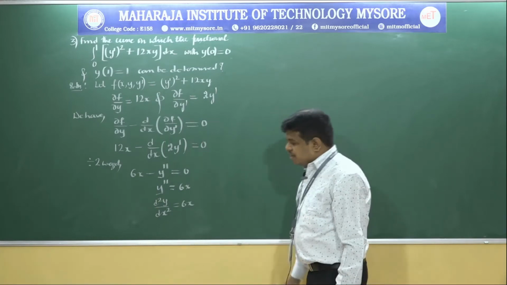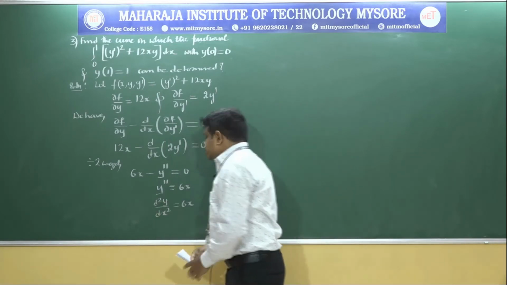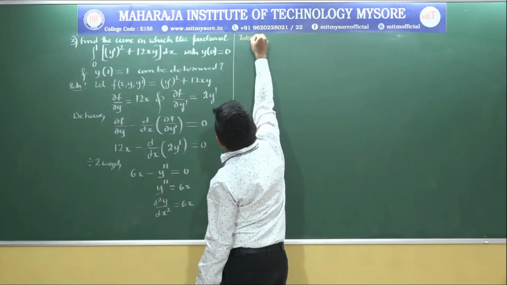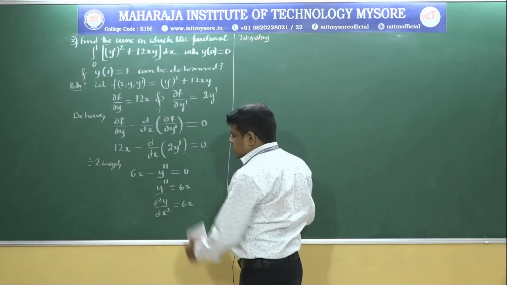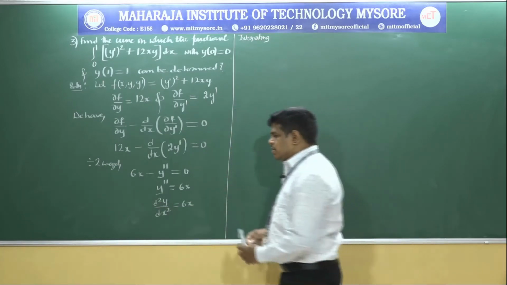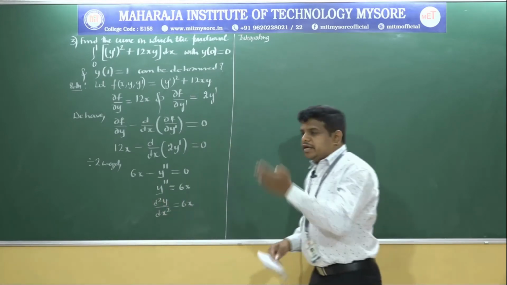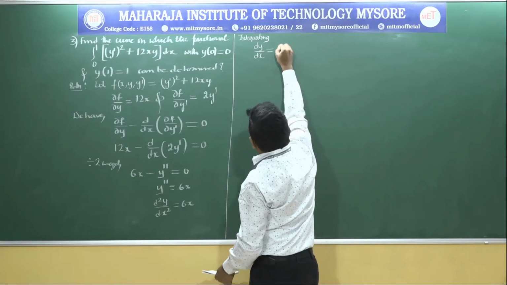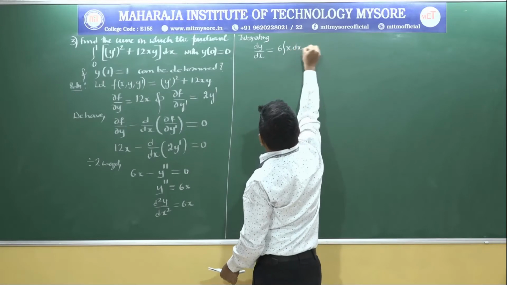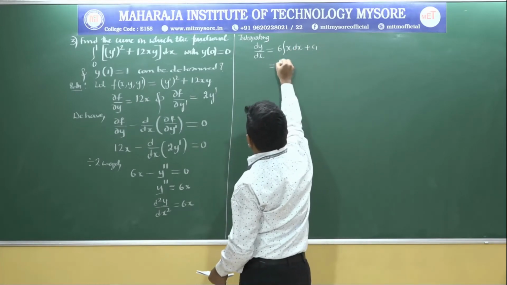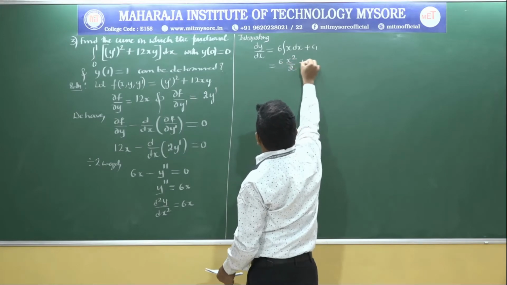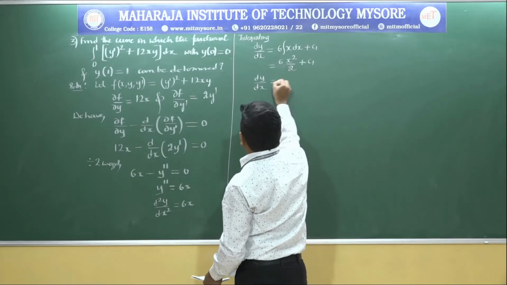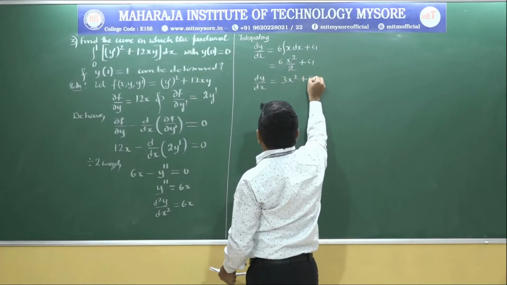Next, in order to solve this, we need to integrate 2 times. On integrating, the order 2 reduces to order 1, that is d square y by dx square becomes dy by dx equals 6, which is constant, times the integration of x dx plus c1, that is 6 into x square by 2 plus c1. Therefore, we get dy by dx equals 3x square plus c1, as the 2 and 6 cancel to give 3.